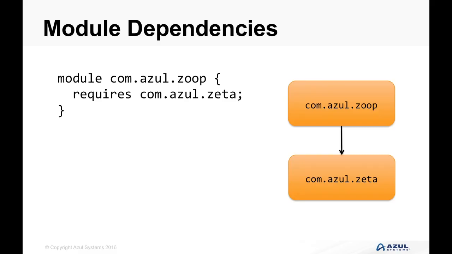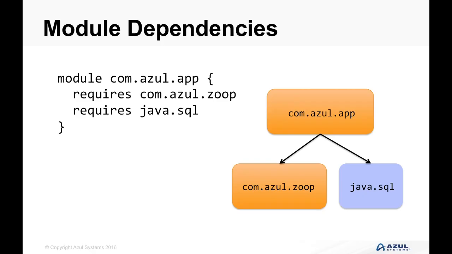So to tell the system, the runtime system, the compiler, that we have a dependency, in our module-info.java file, we place a requirement within the definition. So within the braces, we can now say requires com.azul.zeta. And that way the compiler knows that there's a requirement on module Zeta, and the runtime, JVM, can also determine that there's a requirement on Zeta.